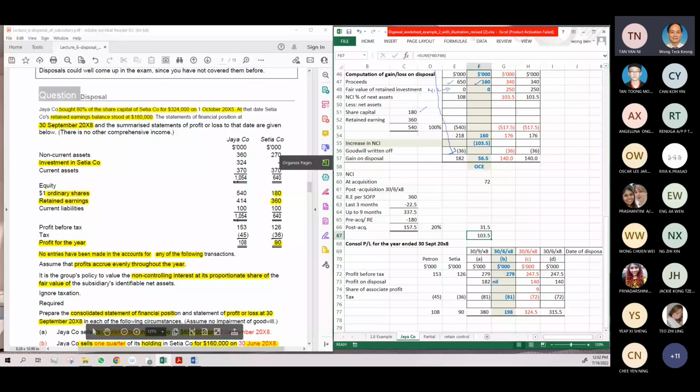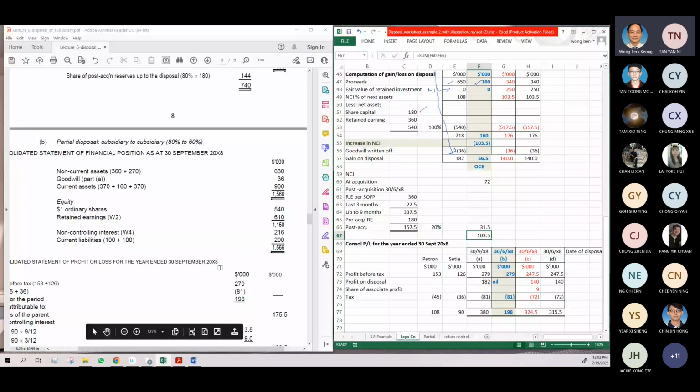You can see they have a timeline here. For the whole year subsidiary, the NCI for the first 9 months is 20%, and the NCI for the remaining 3 months is 40%.